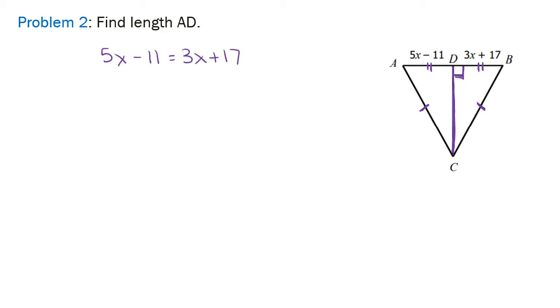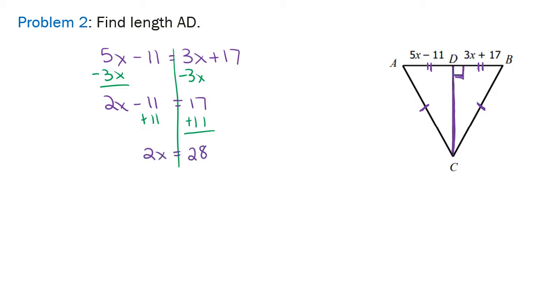and solve the equation. So I'm going to subtract the 3x over to the 5x. That's going to get me a 2x. I'm going to add the 11 over to the 17. That's going to give me 28. I'm going to go ahead and divide by 2, and x is 14.